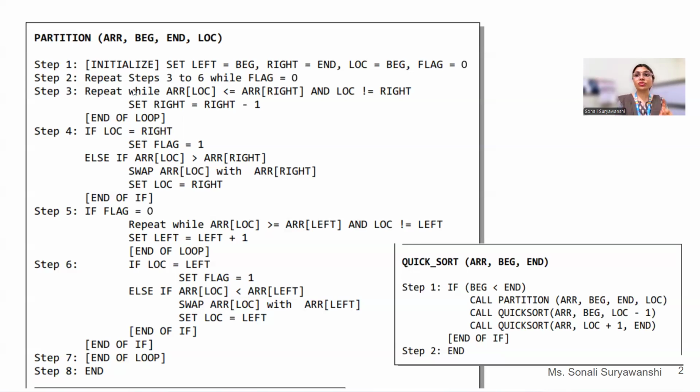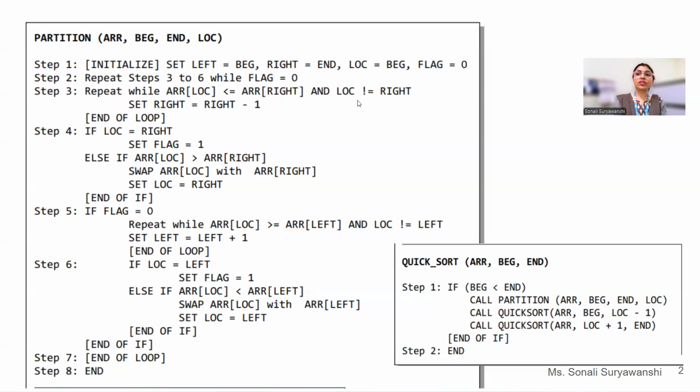Now, here there are two sections of the code. Step 3, 4 is for comparing the LOC, which is on the left side, with the values on the right side. And step number 5 and 6 is where the LOC is on the right side and we are comparing it with the left side. So the process here is that if my LOC value, which is on the left side, is lesser than the right value, then the order is correct.